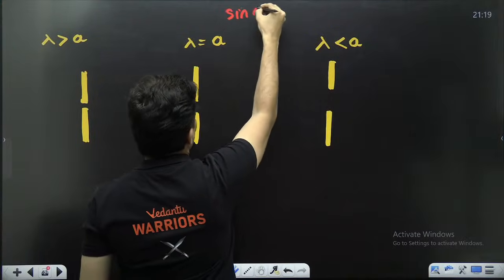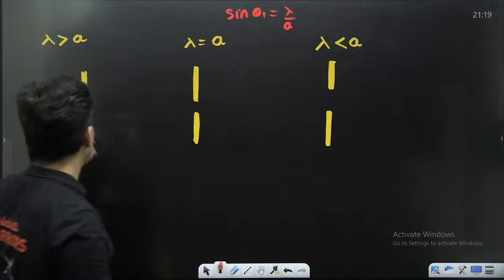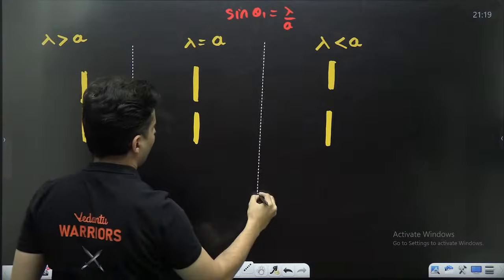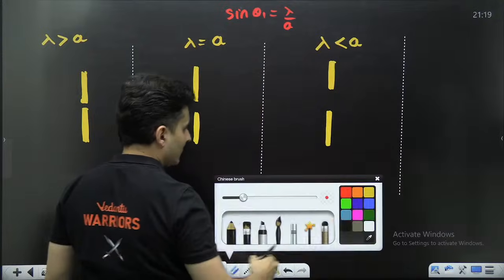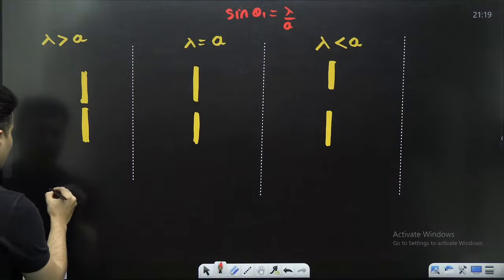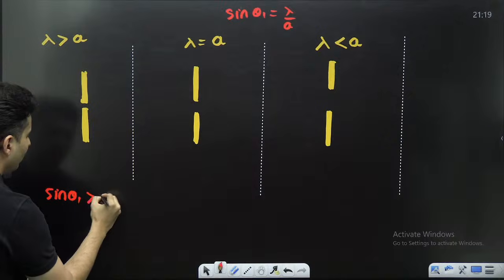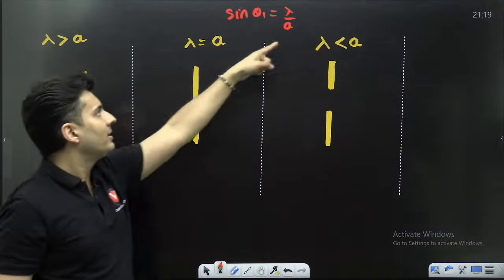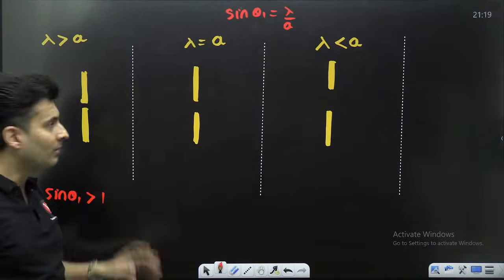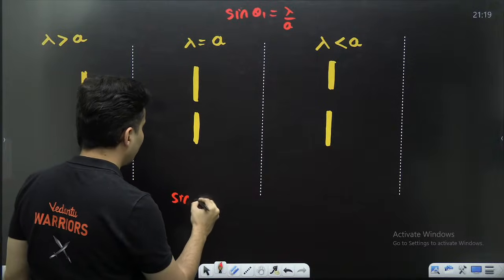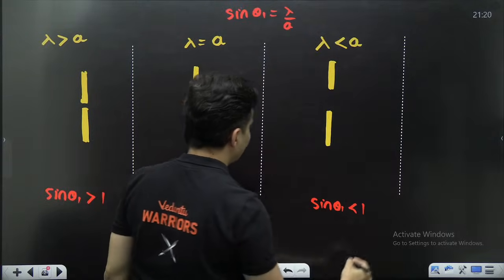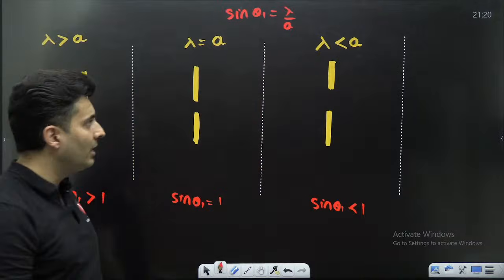Since lambda is more than A, numerator more than denominator, sine theta 1 will be more than 1. Keep that in mind. Here lambda is A, so sine theta 1 is 1. Here sine theta 1 is less than 1 because lambda is less than A, numerator less than denominator.